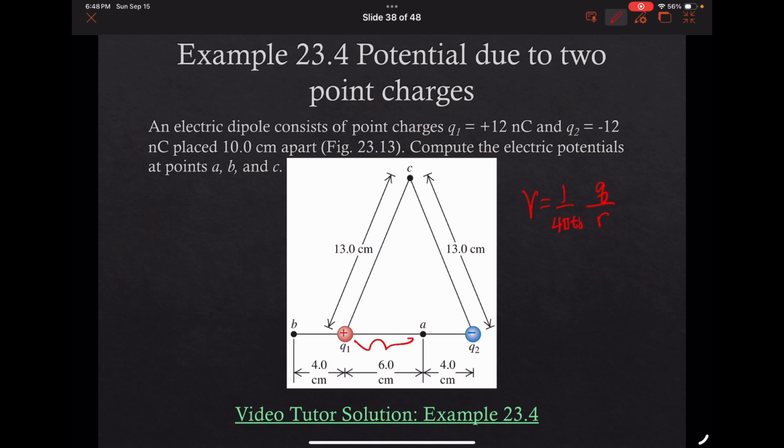Your R's are going to change. You're going to make sure you use the proper Q, depending on whether you're finding the potential due to the positive charge or the negative charge, okay?